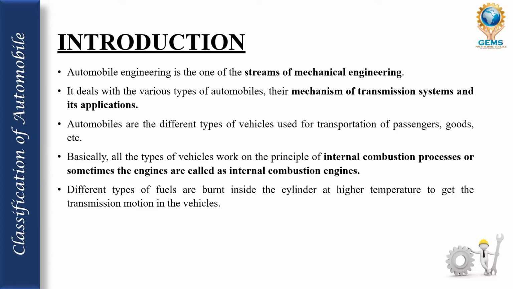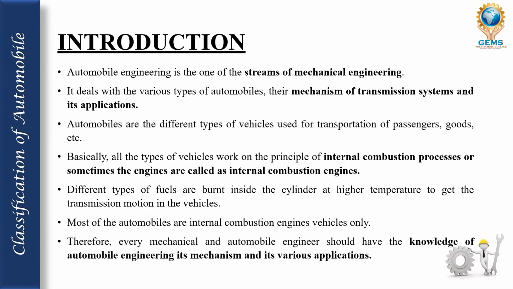Different fuels like petrol, diesel, gas, and nowadays we are using water, electrical and so on. These are used to give motion to the vehicles. Most of the automobiles have internal combustion engines only.